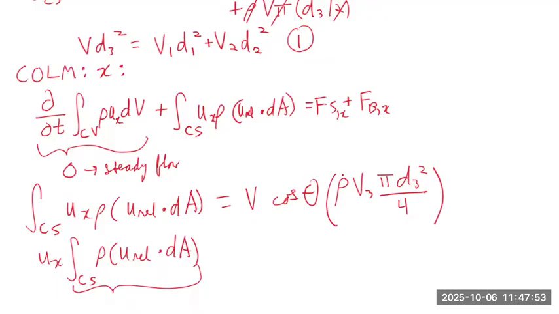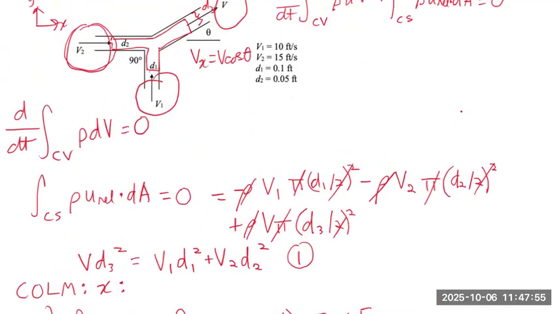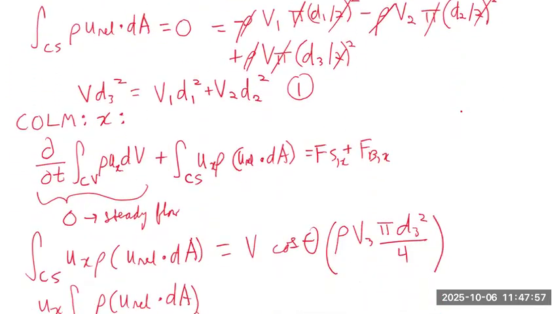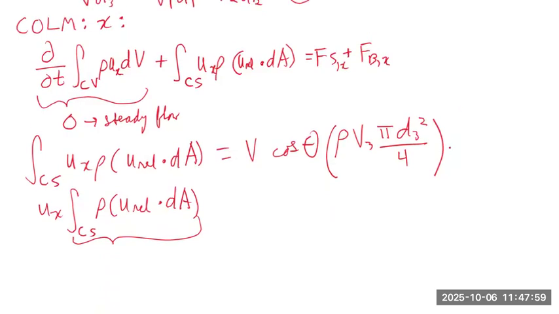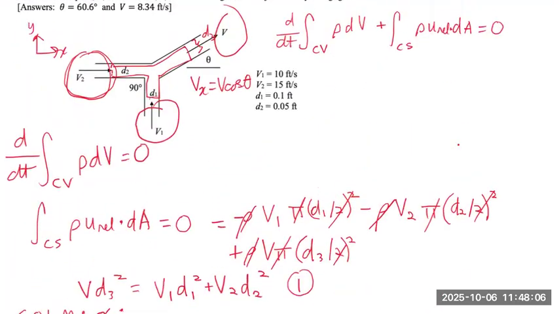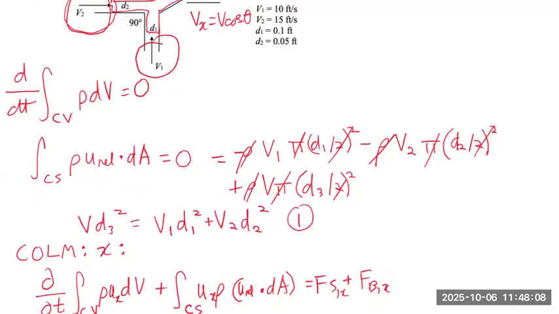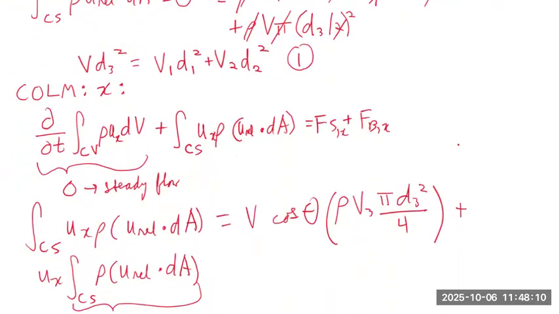And then the other component will be from V2, which is purely an x component, so we can simply add it. All of these velocities are flowing in the right direction, that's why they're all positive.